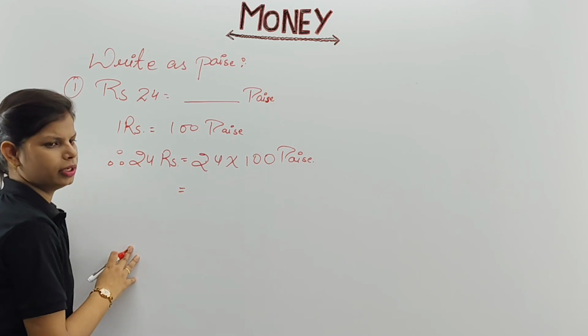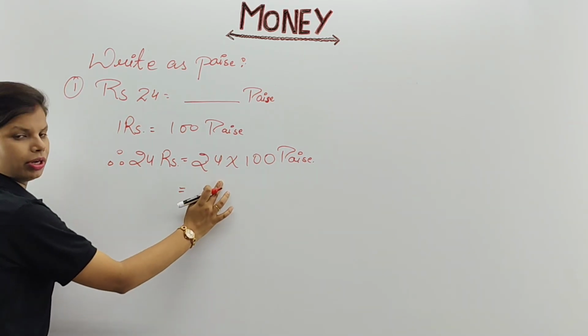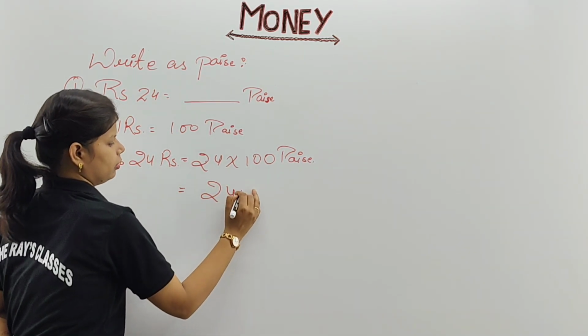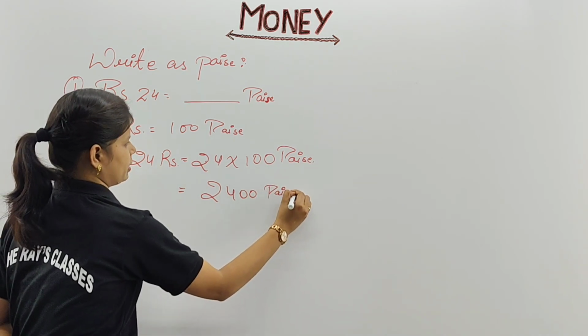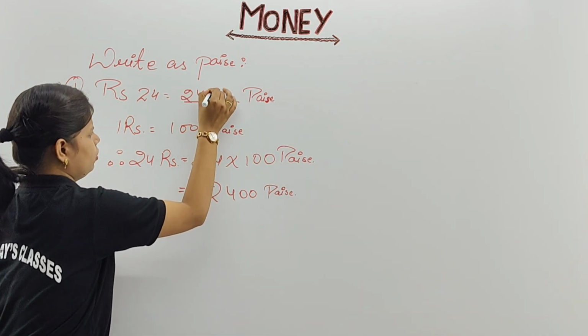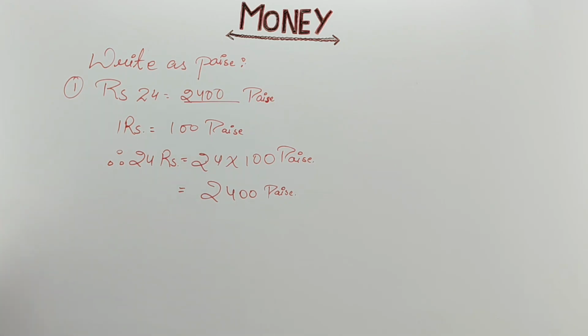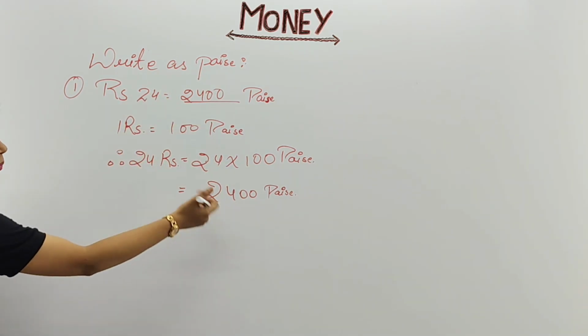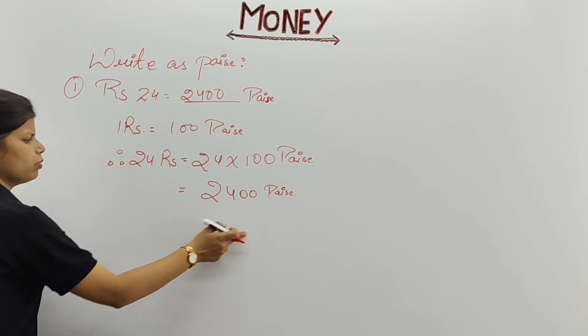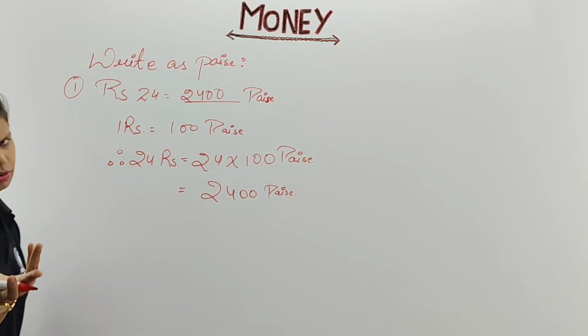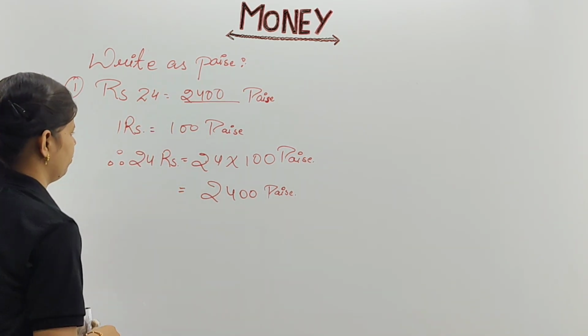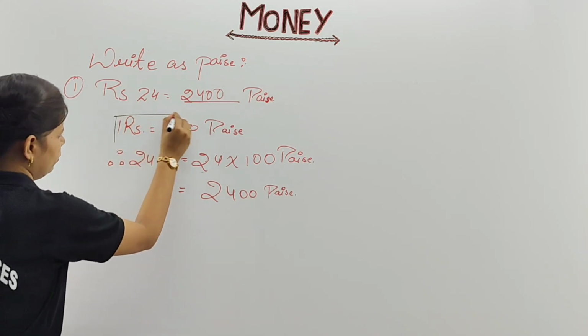And what you will get from here? 2400 paise. Easy. Instead of going through this long process, just calculate these things in your mind and directly write the answer when you know that 1 rupee is equal to 100 paise. Like this one. Clear, no children?